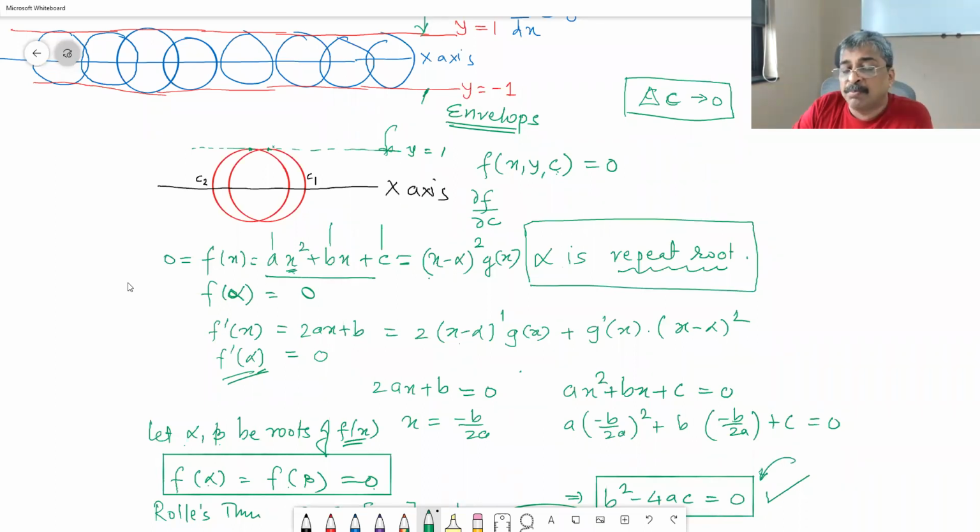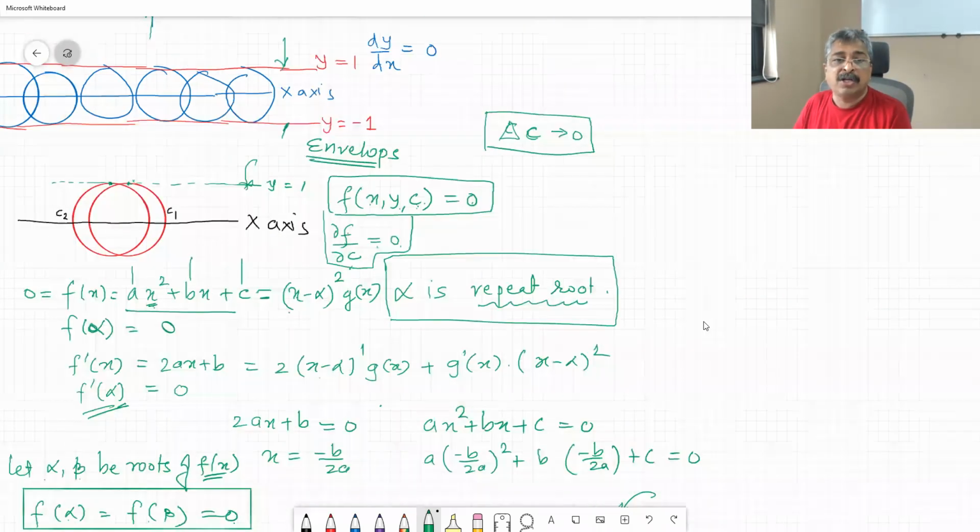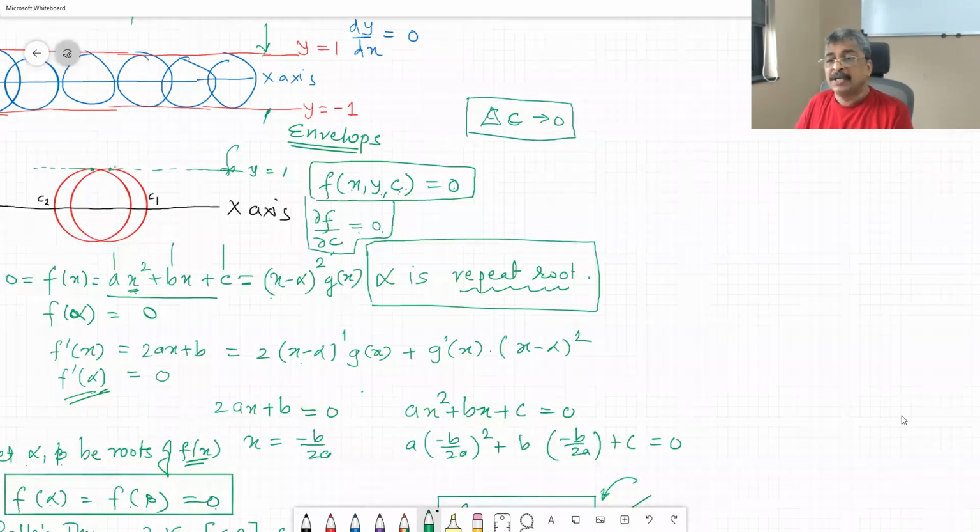Now if we want the condition for repeat root in case of solution of differential equation, f of x, y, c is 0, that is one, and second, we differentiate the function partially with respect to c and equate it to 0. If you solve these two conditions, f of x, y, c equal to 0 and del f by del c equal to 0, simultaneously, you should get the singular solution, because this is the theory behind it.